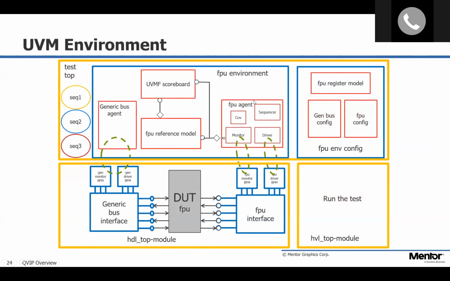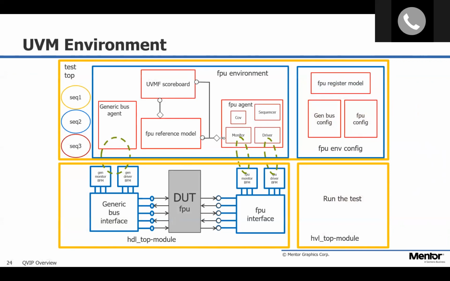You've got an FPU register agent over here that's setting up the registers going into a floating point unit. This FPU reference model is saying, given what I've put into the DUT, here's what I expect to be coming out. You have scoreboards that collect coverage. You then have an environment.